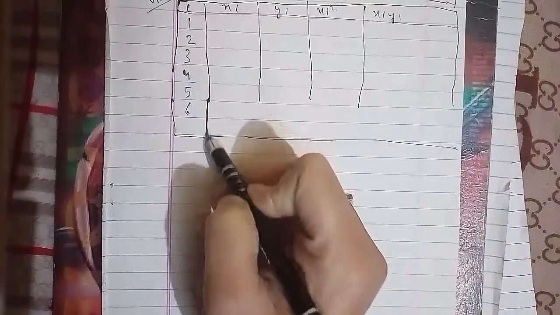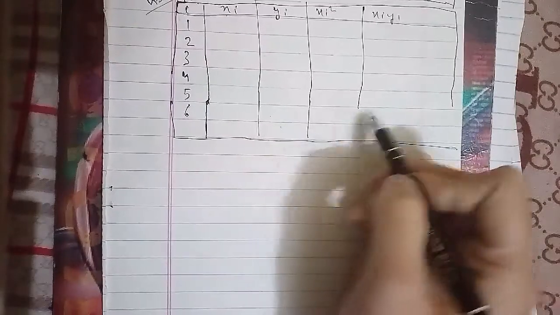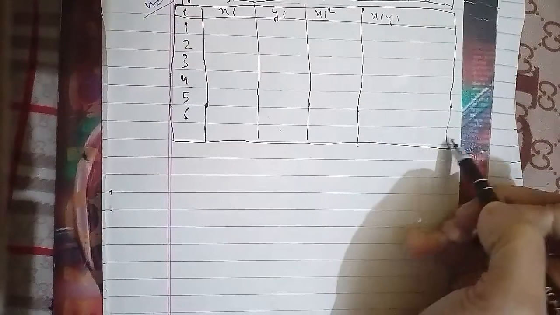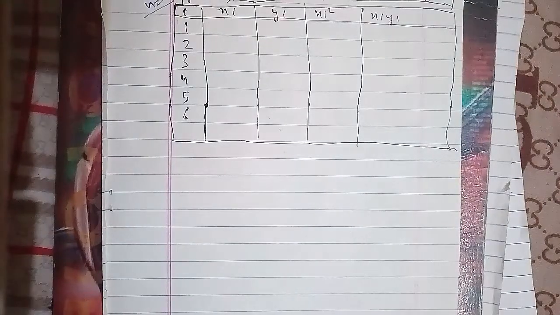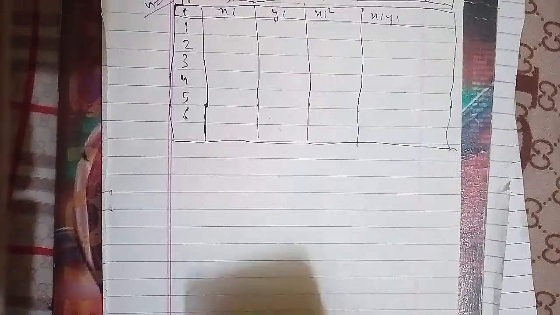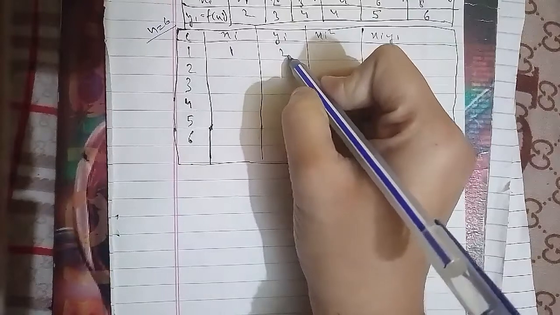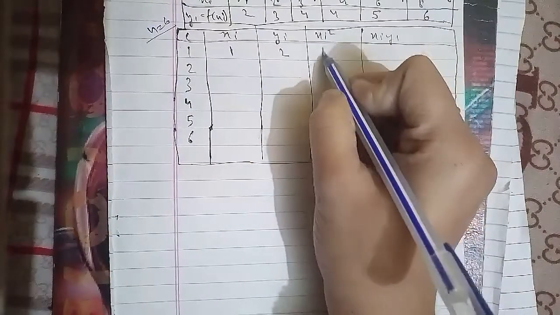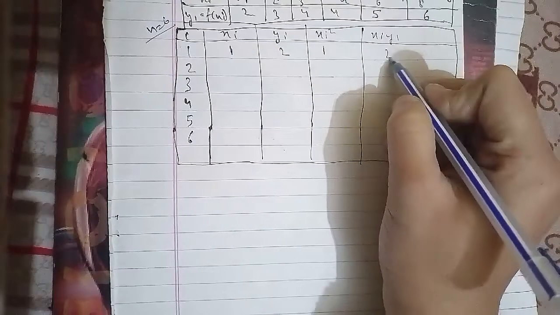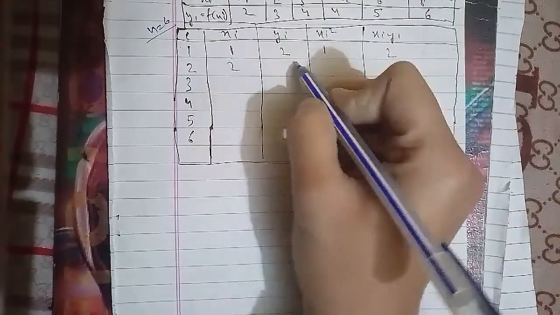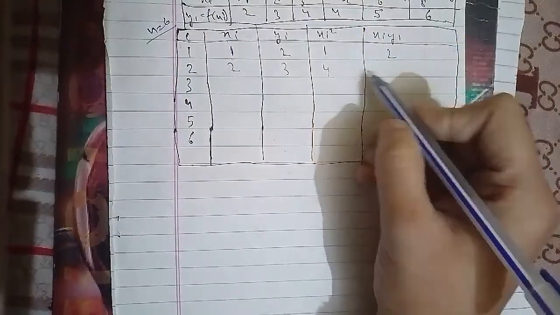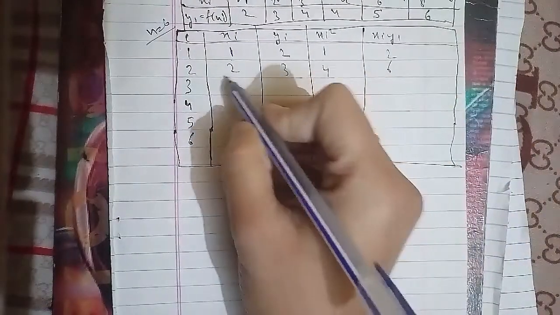For the first row, xi is 1 and yi is 2, so xi square is 1 and xi yi is 2. For the next one, xi is 2 and yi is 3, so 2 2s are 4 for xi square, and 2 3s are 6 for xi yi.